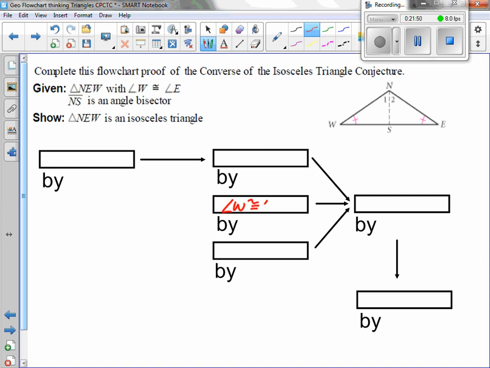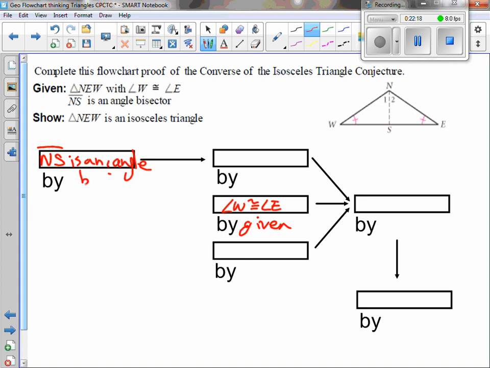Angle W is congruent to angle E. Given. Because that first box is leading to something else, we're looking at information that's giving us more information. Now the other part it says is that NS is in, it helps if I can spell angle right.